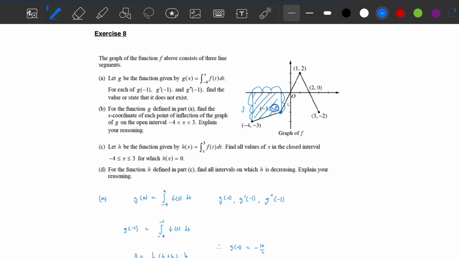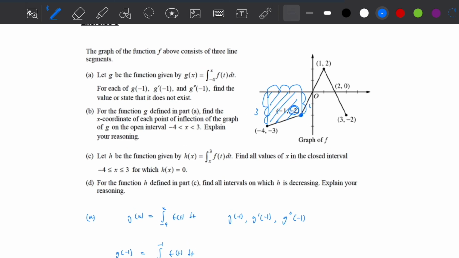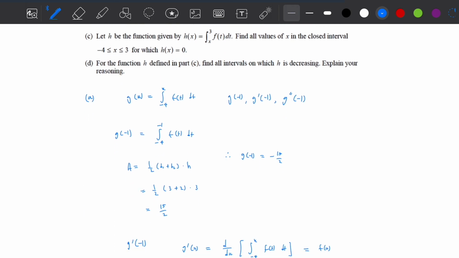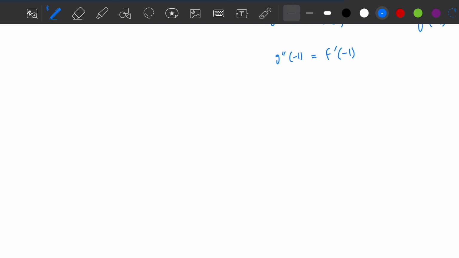Moving on to part B. Part B asks for the x-coordinates of the points of inflection for g of x on the open interval -4 to -3. One concept to keep in mind is that a point of inflection occurs where the second derivative changes sign. So to find where g has a point of inflection, we have to find where g''(x) changes signs.